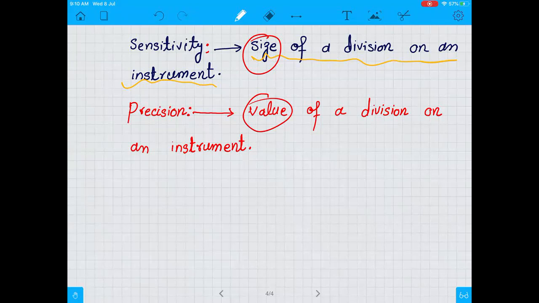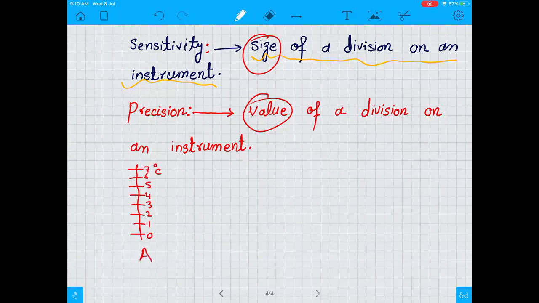Let's suppose you're given a thermometer. It's a mercury in glass thermometer, and these are the divisions on this thermometer: 0, 1, 2, 3, 4, 5, 6, 7 degrees Celsius.